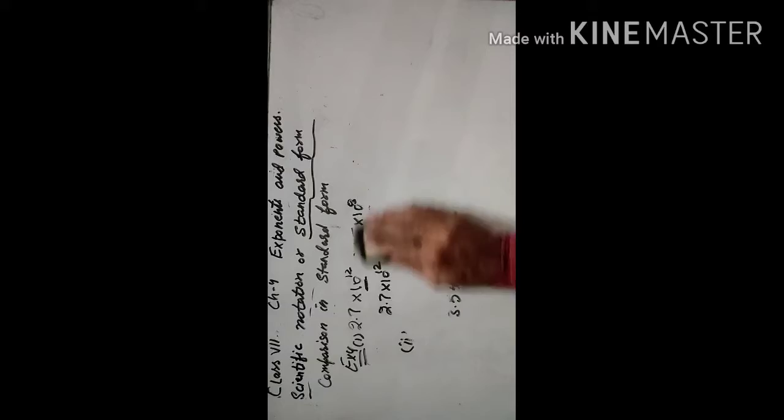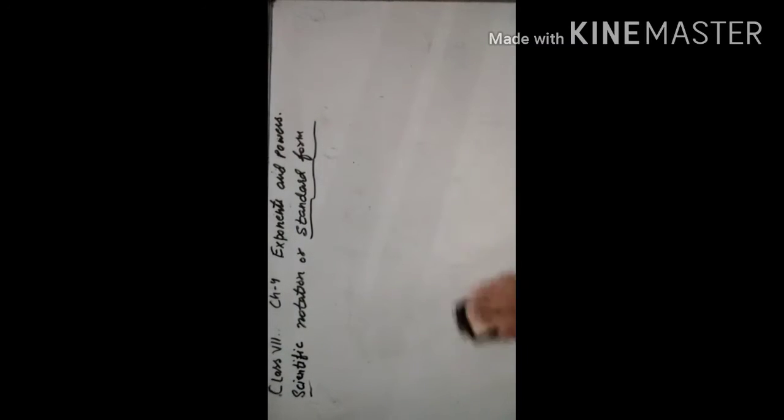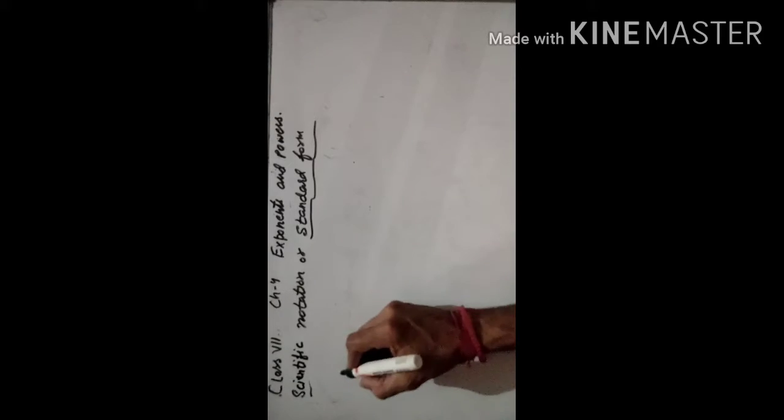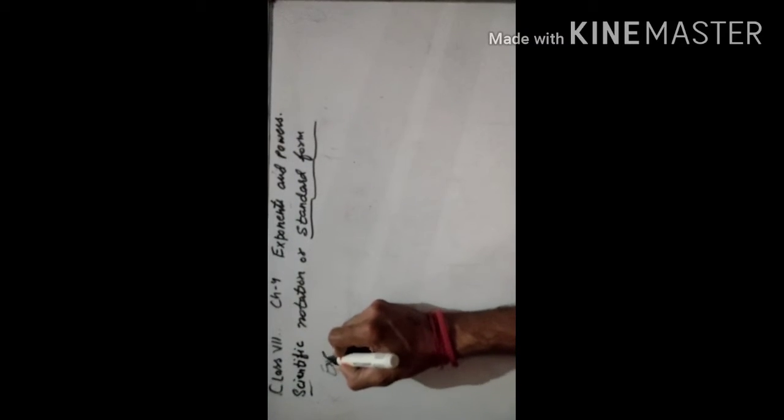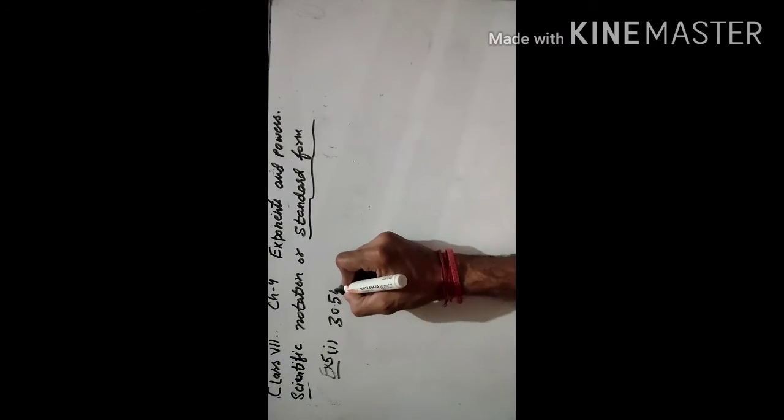Now numbers in expanded form. The next example is, write the following numbers in expanded exponential form. Example 5, first part is 30546.